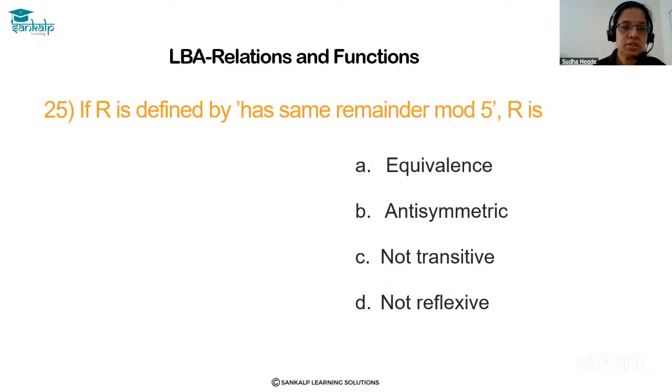The question is, if R is defined by "has same remainder mod 5", then you have to check whether R is equivalence, antisymmetric, not transitive, not reflexive.